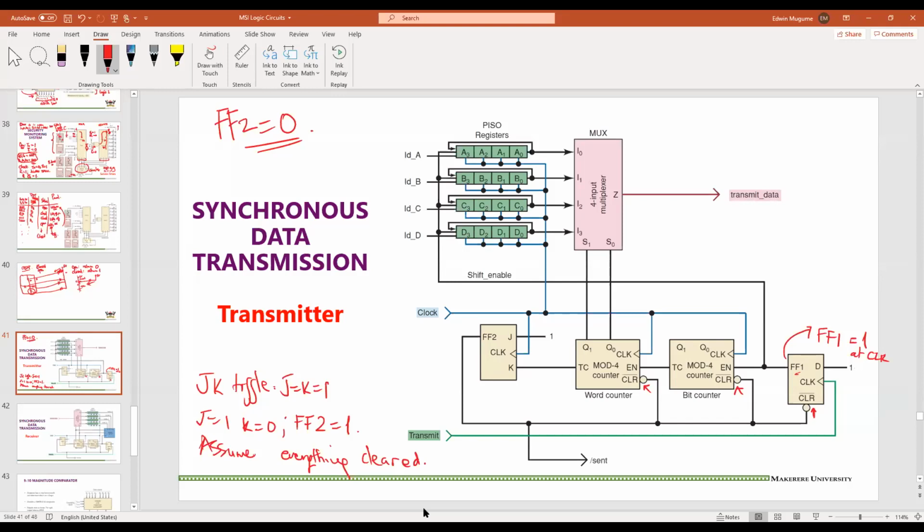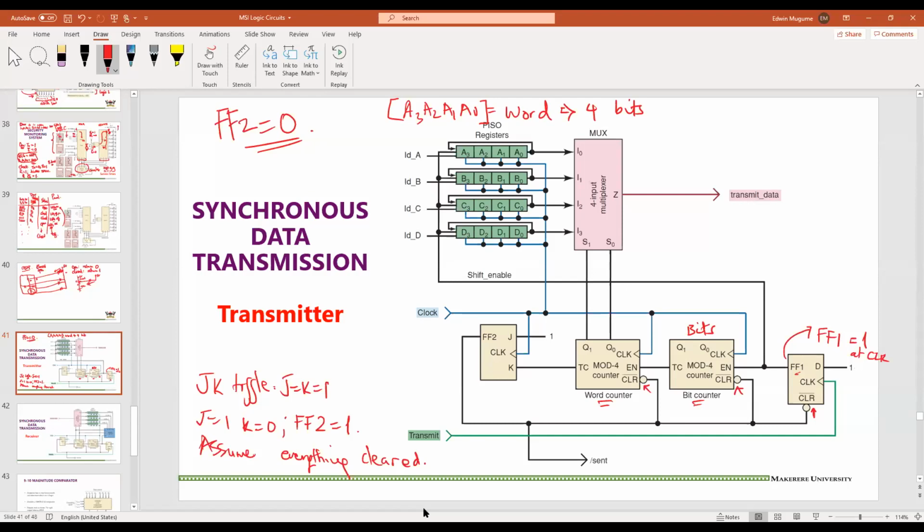Now, this is a bit counter, which counts the bits, and this counts the word. Now we have our registers here. The first register has A3, A2, A1, A0. We know this to be a word, and a word is made of 4 bits. So this one will count bits, and this will count the word.